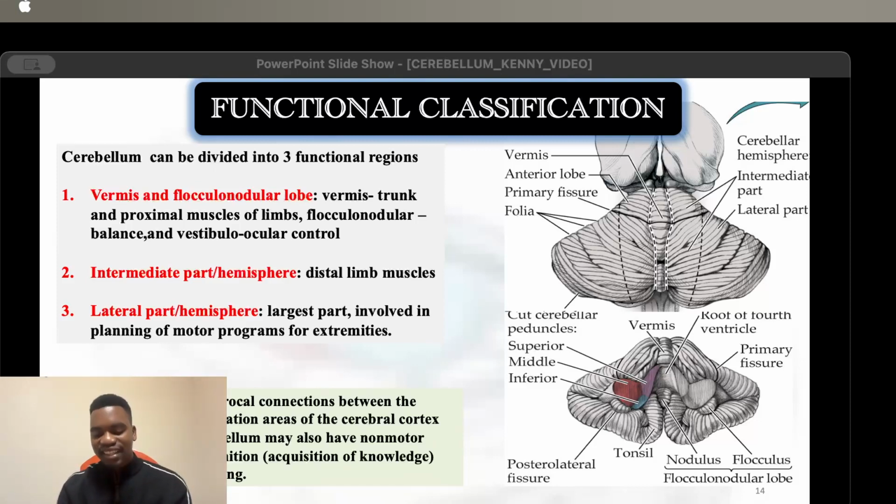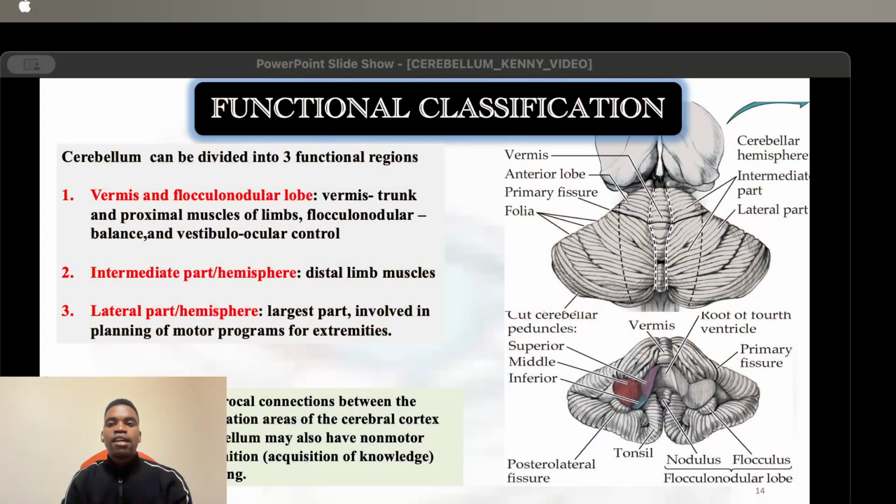So the vermis per se helps in the coordination of the muscles of the trunk. The vermis will help to maintain the coordination of muscles of the trunk and the proximal muscles of the limbs.